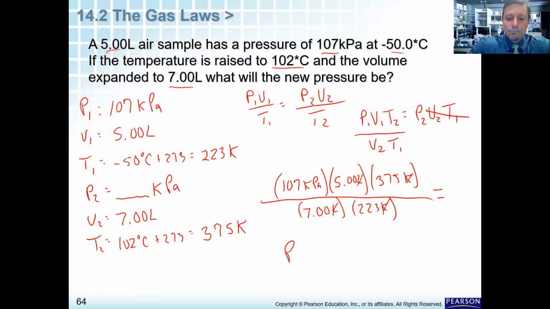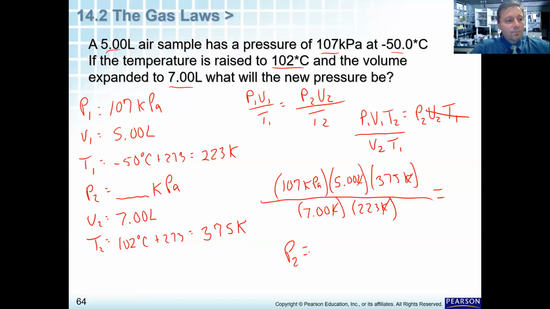So my pressure final is going to equal, so I get my calculator, 107 times 5.00 times 375 divided by 7 times 223. And I have to be at 3 significant figures again.